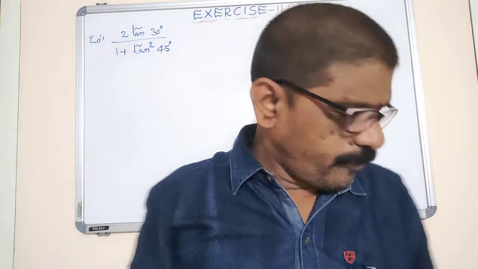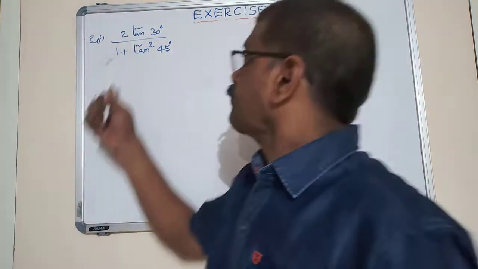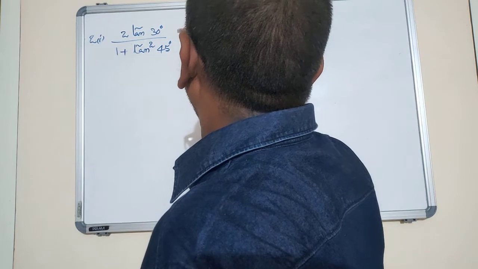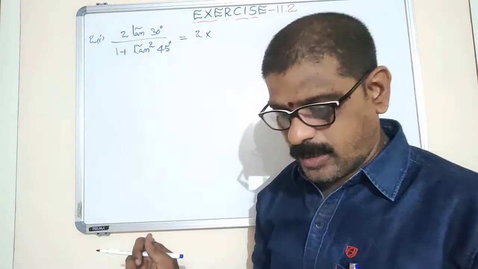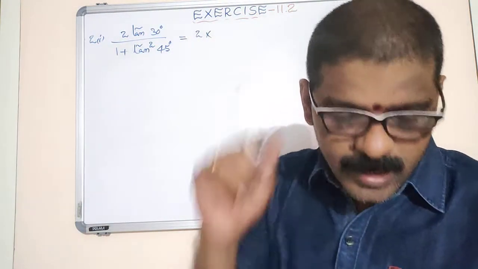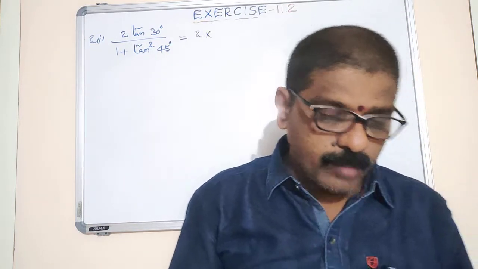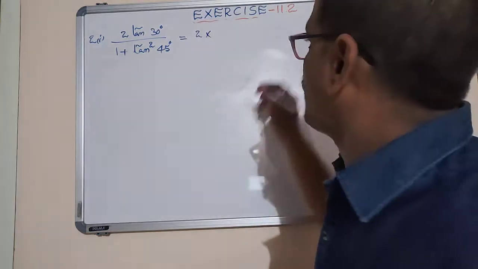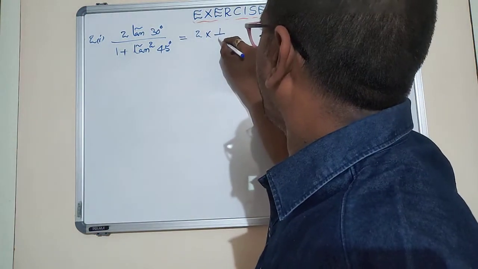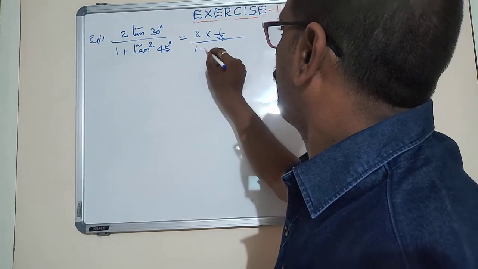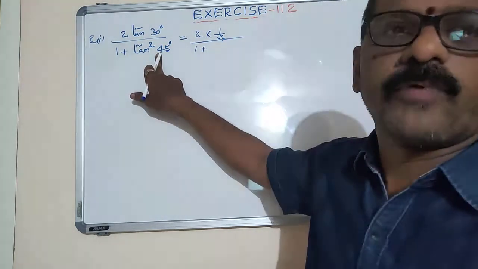Okay. So first of all we can take 2 into, what is the value of tan 30? Tan 30 value is 1 by root 3, whole by 1 plus, what is the value of tan 45?